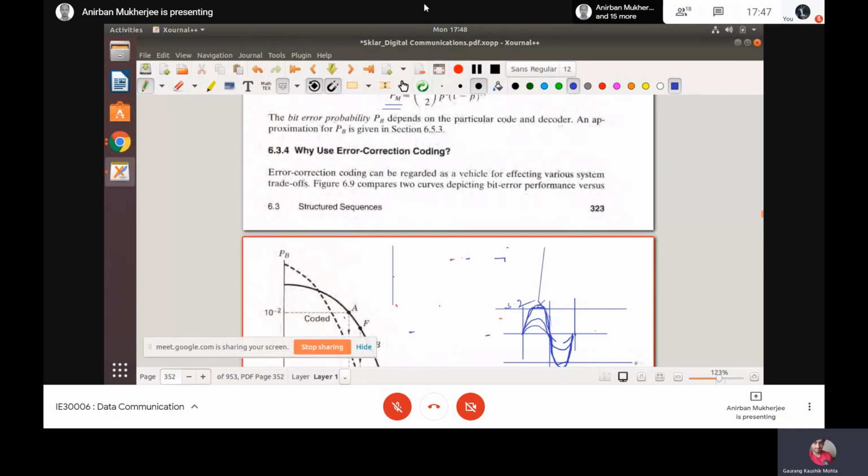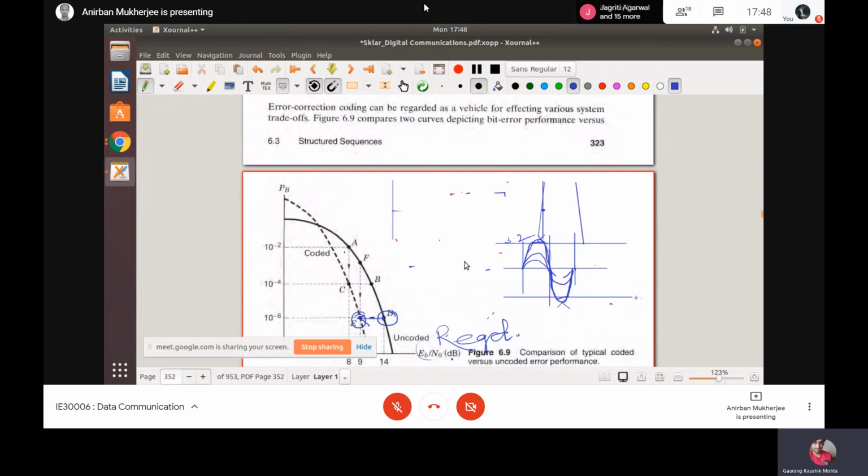Either for real-time communication you have to pack these extra bits, or you say no, I will not increase the bandwidth by packing, I don't need real-time communication, so I need not deliver all the bits within this time. If you don't change the bandwidth, then you have some extra time, and extra time means you have more delay. Okay. So either you have to give more bandwidth or you have to allow delay in the system.